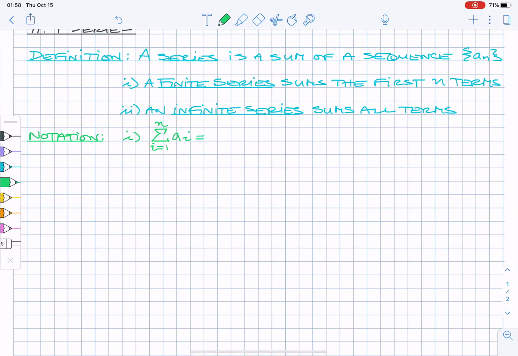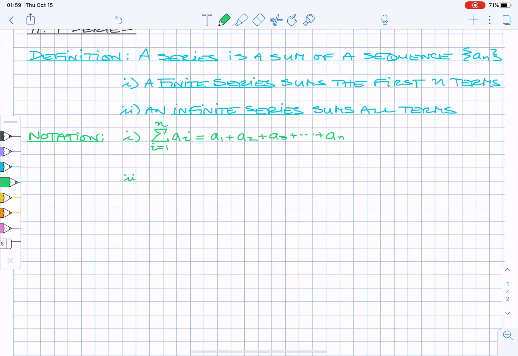So this is equivalent to a1 plus a2 plus a3 plus dot dot dot plus a sub n, where it's finite. So I'm adding the first n terms of the sequence.